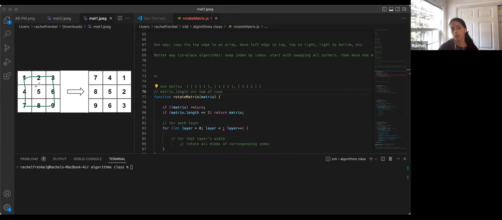Exactly. So the number of times we're doing this is going to be like math.floor, the rounded down version, although it actually won't matter because we're just saying less than half of the matrix length. Because it's how many times did it take to get from the top of this matrix into the center. How many layers are there to get to the center?